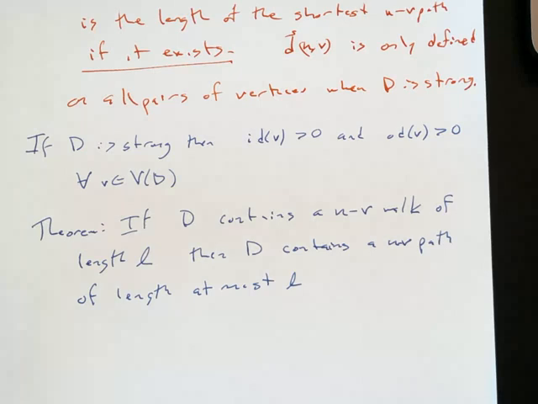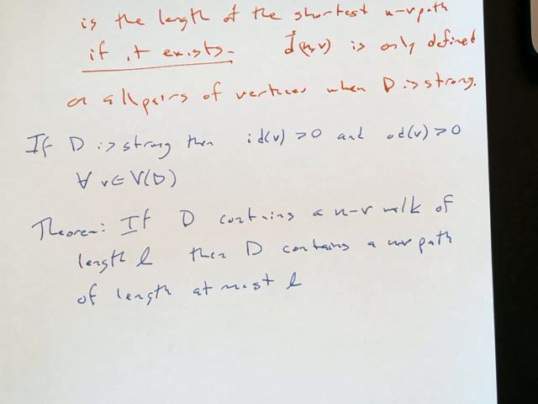Wait a minute. We said here's a walk from U to V. Now let's take a path from U to V. Path means no repeated vertices. So if my walk is already a path, that's the same length.